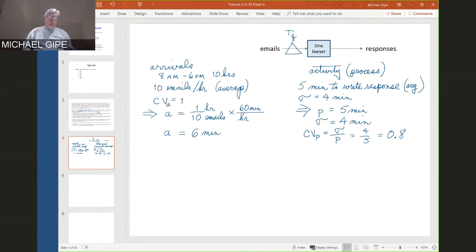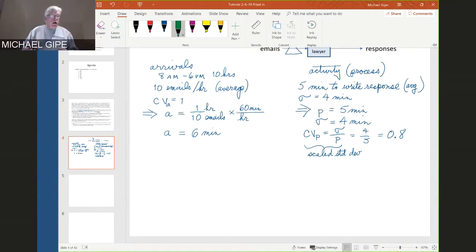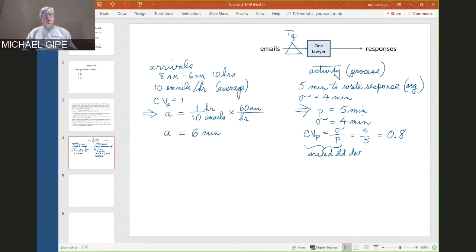And you'll notice that the coefficient of variation is essentially a scaled standard deviation. We put it in the same scale as the average.